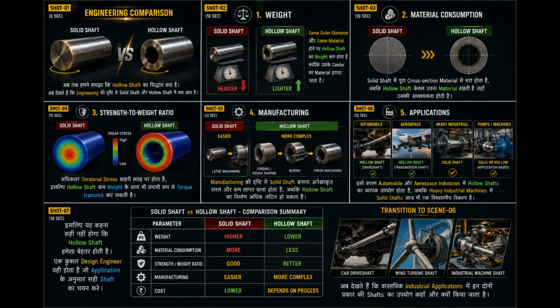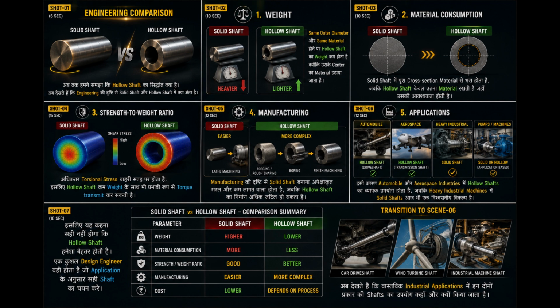A solid shaft contains material throughout its cross-section, whereas a hollow shaft uses material more efficiently by concentrating it where it contributes most to strength. One of the biggest advantages of a hollow shaft is its excellent strength-to-weight ratio. Since most torsional stress acts near the outer surface, removing the low-stressed core reduces weight without significantly reducing torque-carrying capability.